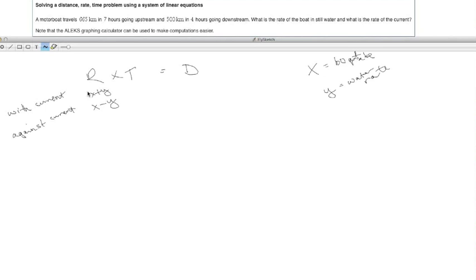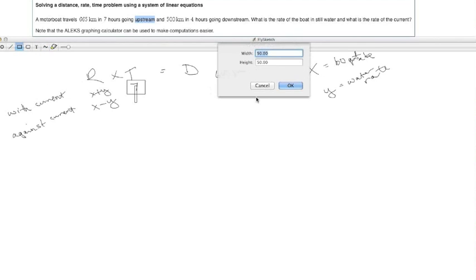The time, when he's traveling upstream, which means against the current, it takes him 7 hours. So let's put a 7 here. And he goes 665 kilometers. I'm going to put that over here. Oops, I put that in the wrong place because he's going upstream.